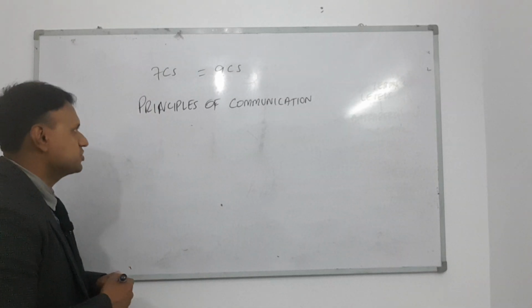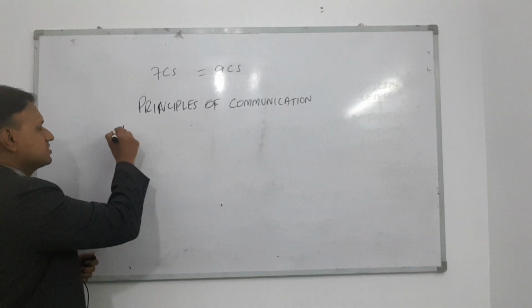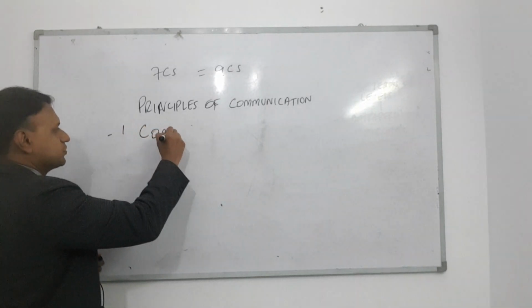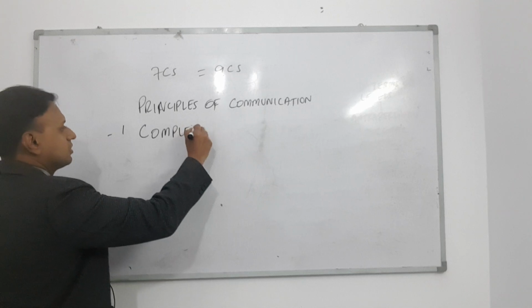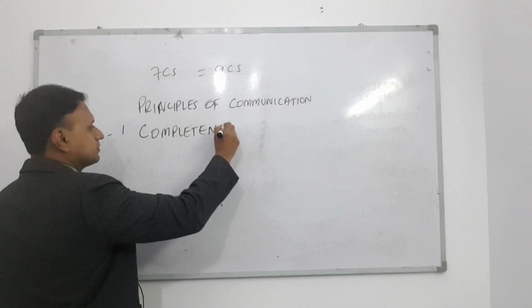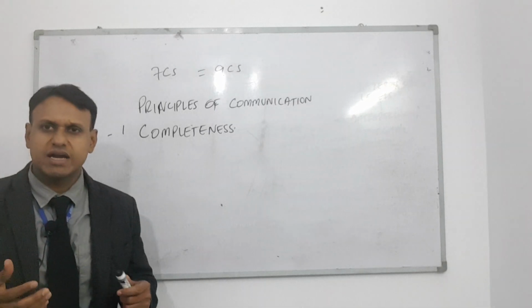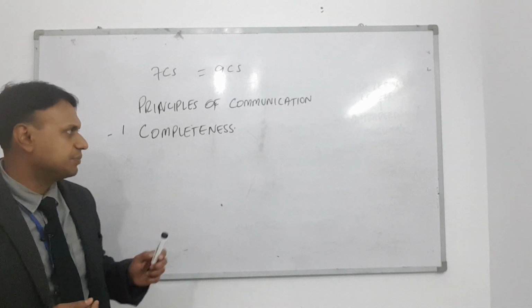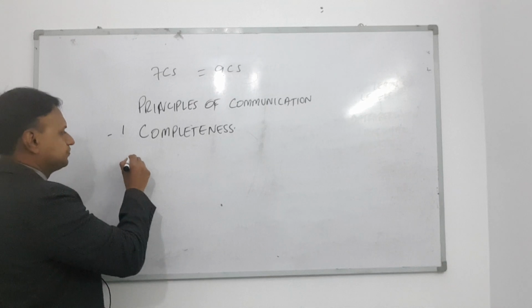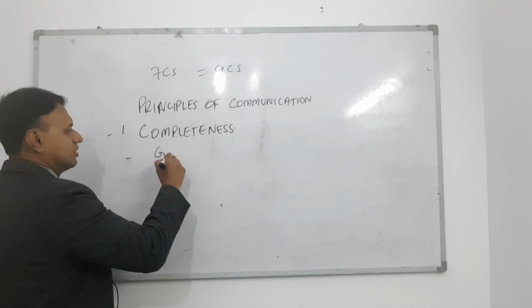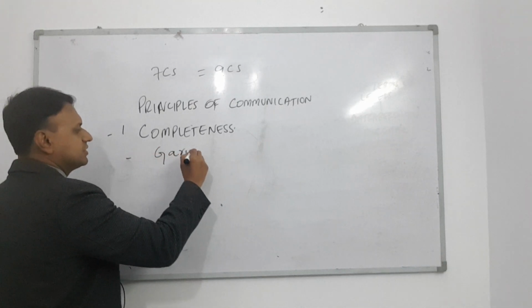So the very first principle of communication that we understand is called the principle of completeness. So what is the principle of completeness and why do we utilize it? For example, if I write a sentence here, "Gary died."